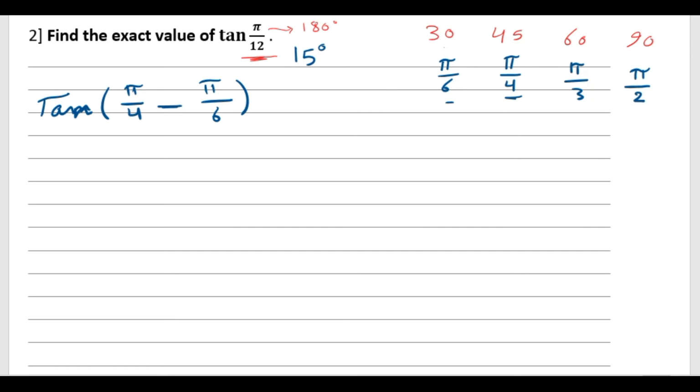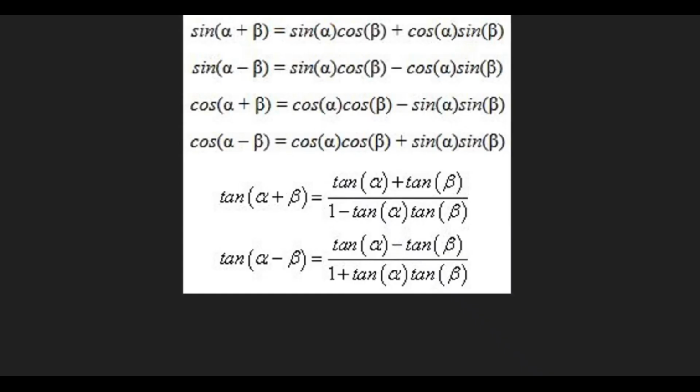But pay attention, this pi equals 180. Using the formula of tan subtracting two angles, it will be a fraction: tan first angle minus tan second angle, down 1 plus tan first angle multiplied by tan second angle. Here we have two signs.